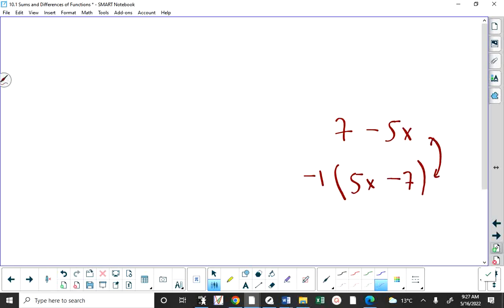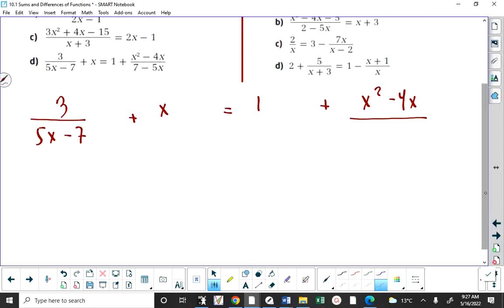So these two things, Ian, are the same. Okay. So I can put, instead of 7 minus 5x, I can put 5x minus 7, and I can put that negative wherever I like. Not wherever. There's certain rules I have to follow. I can't put it on the other side of the equation. But I don't want to leave it in the denominator.